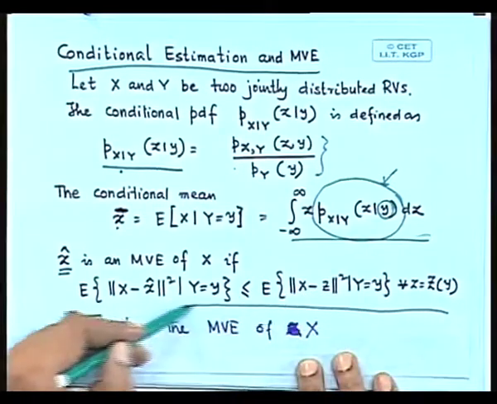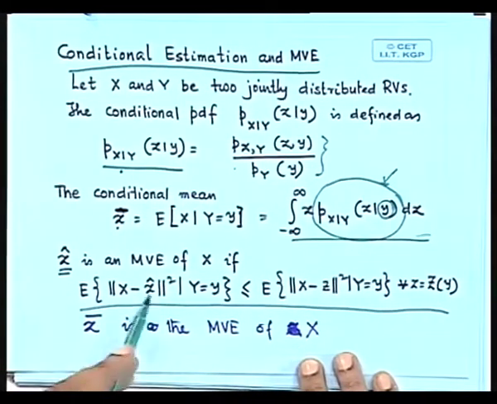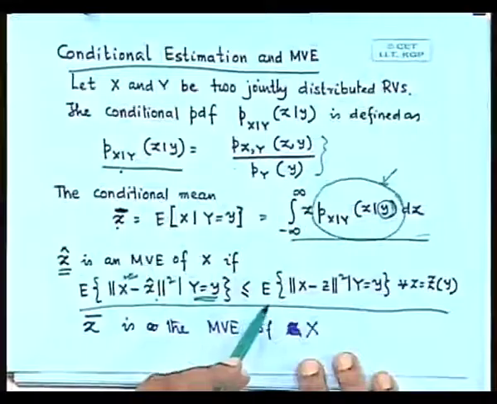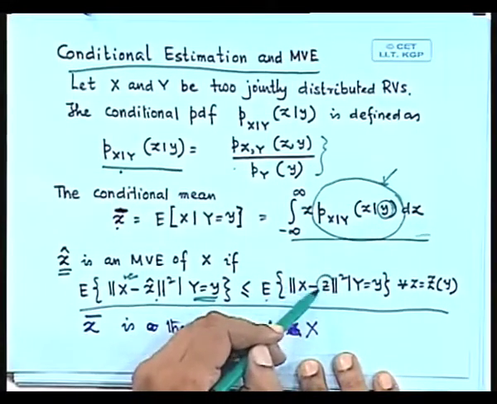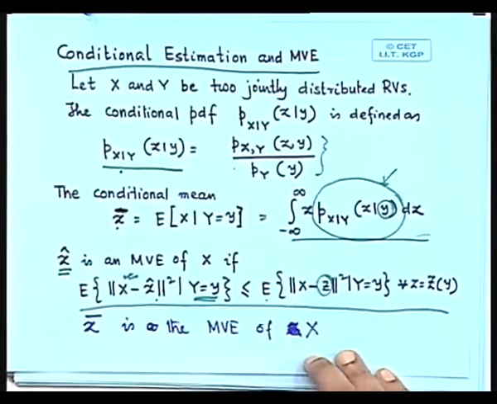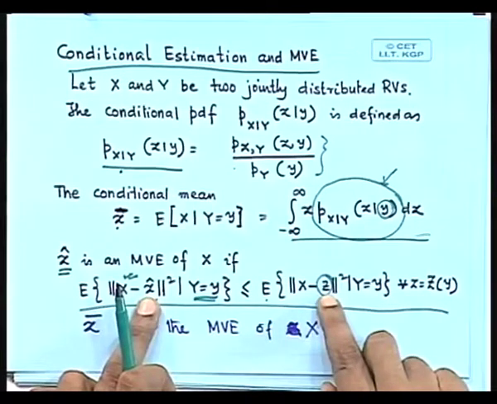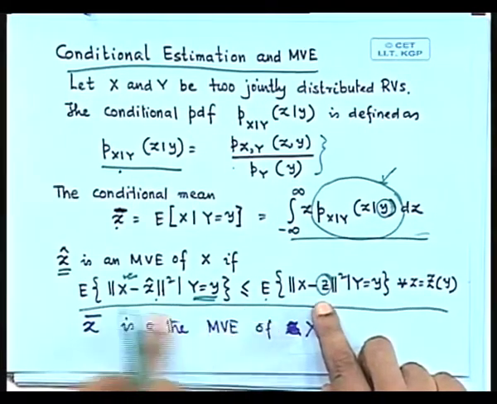We are defining an MVE like this: the expectation of the norm of x minus x hat squared, where the norm means the sum over the vector elements, x1 minus x1 hat squared and so on, given that y is equal to small y, will be less than this for any other value of z. If rather than taking x hat, you took any other value of z, the right hand side will become more than the left hand side.